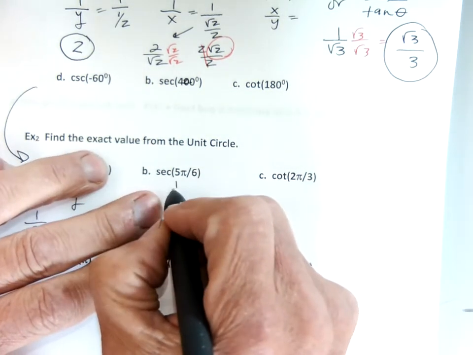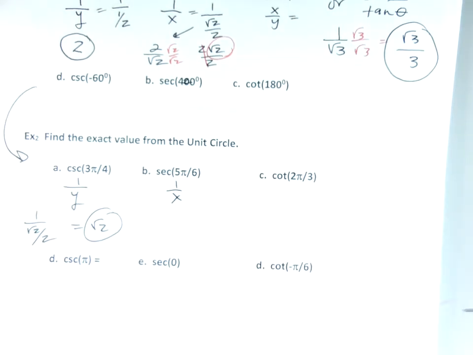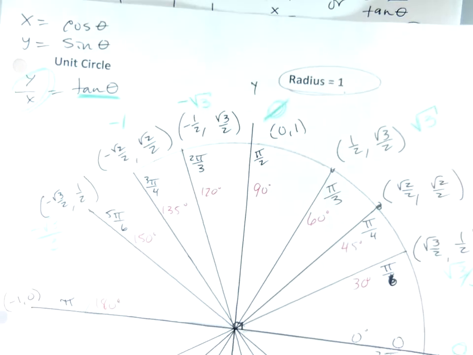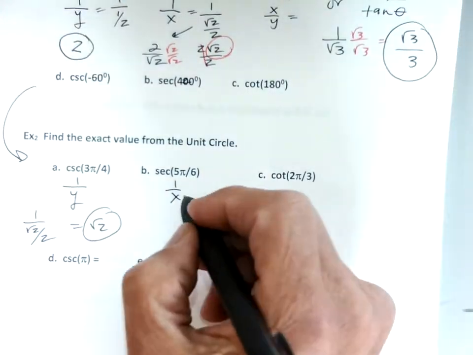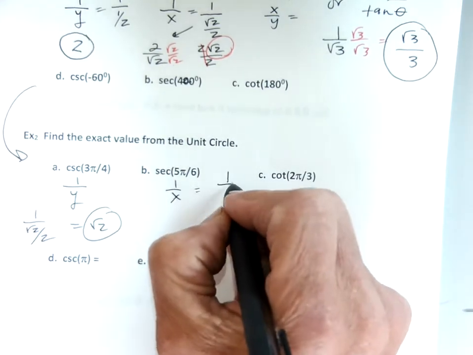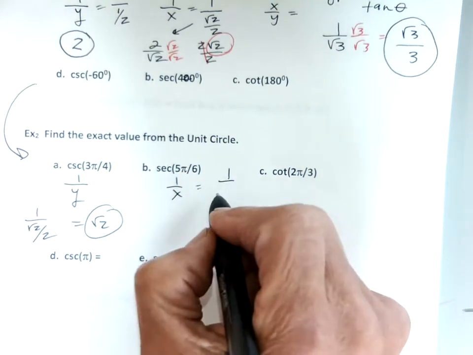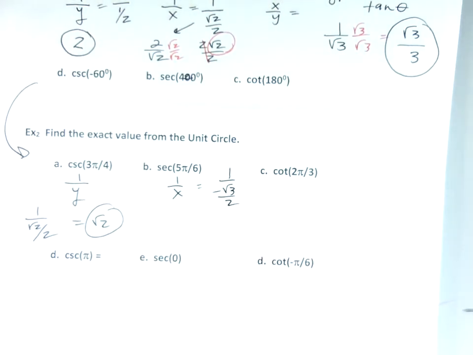Secant is 1 over the x value. Okay, let's see. The x value is secant 5 pi 6. And the x value is right there: negative square root of 3 over 2. So if I flip that, what a mess.